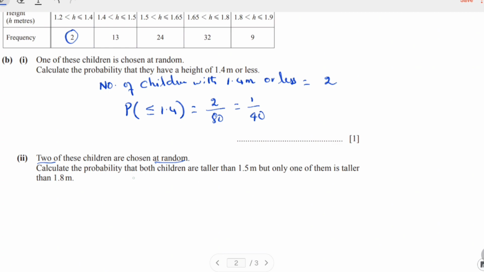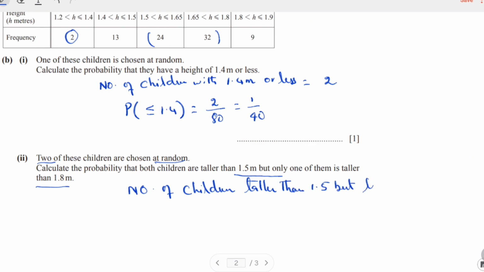The given condition is that both the children are taller than 1.5 meters, but only one of them is taller than 1.8 meters. The number of children taller than 1.5 but less than 1.8 comes under this category, 24 plus 32, which is 56.